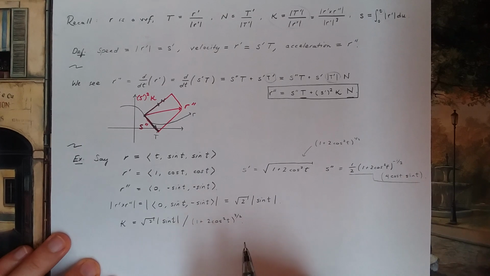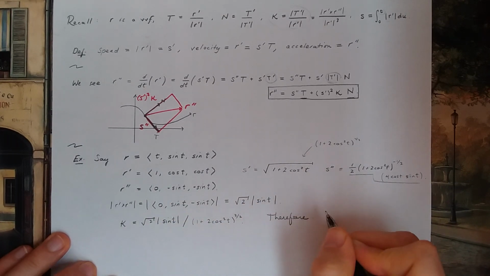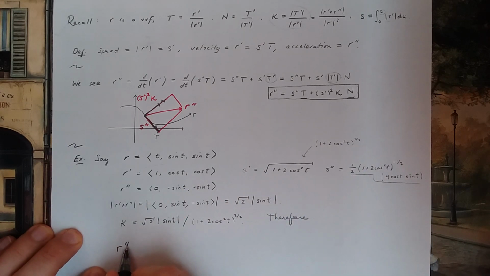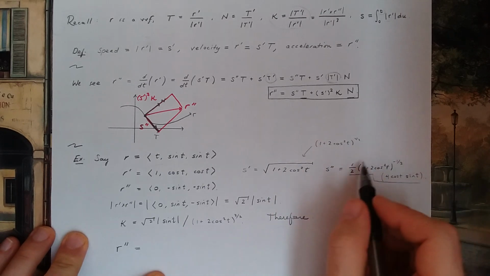All right, so what do we have? Therefore, the acceleration, r double prime, is this term.